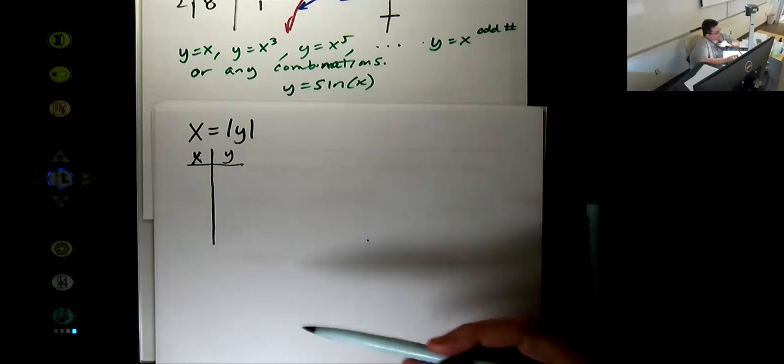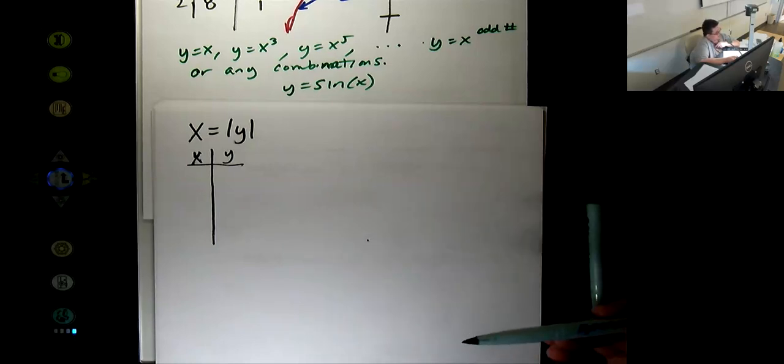We've been doing y equals stuff, and now we've got x equals stuff. It's gonna be the absolute value sideways. But that's not helpful if you don't recognize the graph.